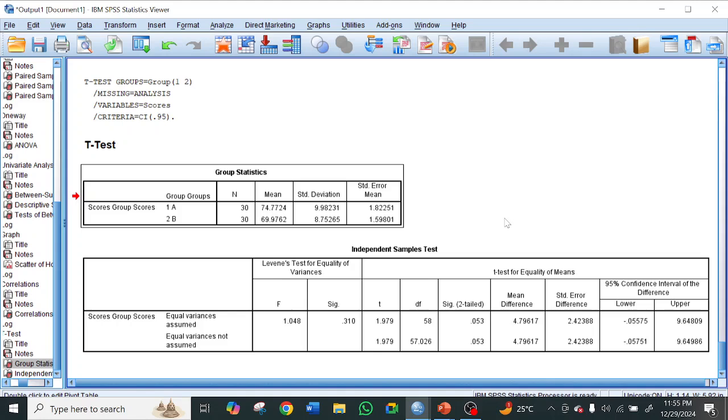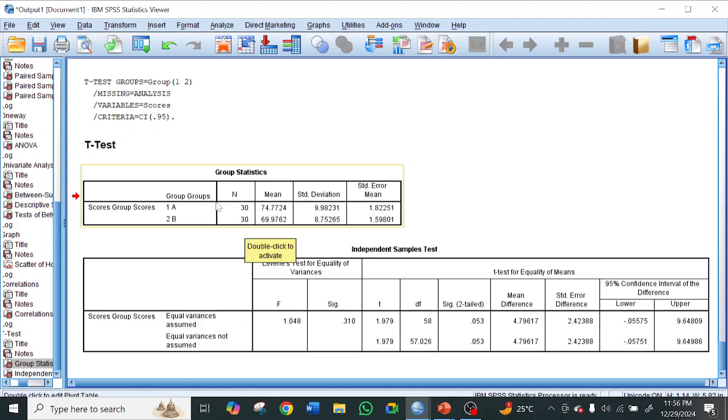The group statistics table shows us the number in each group. There are group A and group B, and the number in each group is 30 and 30. So the total number is 60.